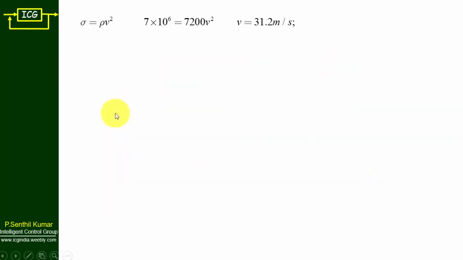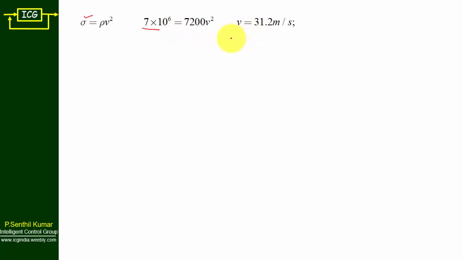A few parameters are already given. With those parameters, we will try to find the diameter. We know that shear stress tau equal to rho V square. Tau value is given as 7 into 10 power 6, and density is also given, 7200. Velocity is unknown. Just rearrange this term and you will get velocity. So velocity equal to 31.2 meter per second.